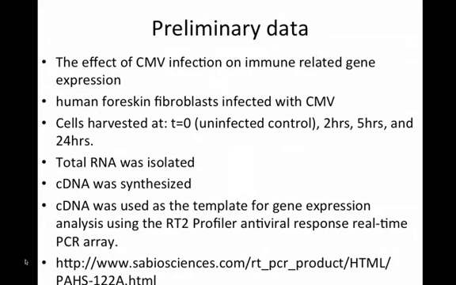We harvested them at time 0, so that's an uninfected control, 2 hours post-infection, 5 hours post-infection, and 24 hours post-infection. And then we isolated all of the RNA, because remember we're looking at gene expression. That means induction of transcription, and then later on translation. And cDNA was synthesized, and that's the template for gene expression analysis using a real-time PCR array.